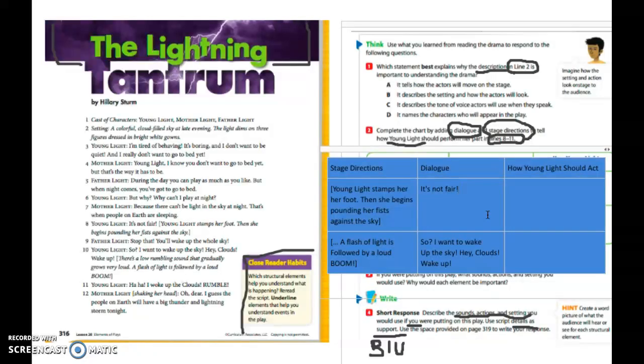Okay, so you should have just read your story a second time and underlined stage directions. When we look at our passages, each passage needs to have underlined words of stage directions.